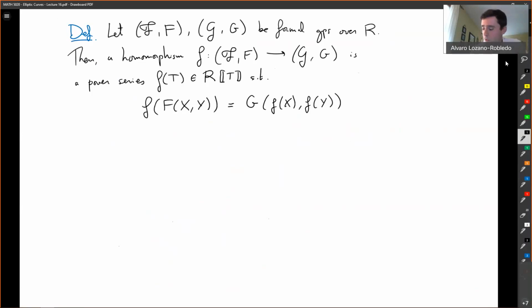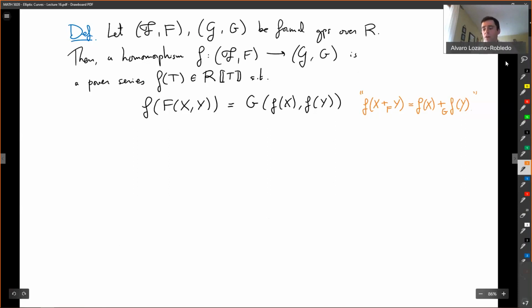Again, if you think in our alternative notation, all this says is that f of x plus_F y, added in the formal group F, is the same as f of x plus f of y added in the formal group G. Okay, this looks almost like an x, so let me change it. There you go. So that's typically how we define homomorphisms: a map that respects the addition laws.